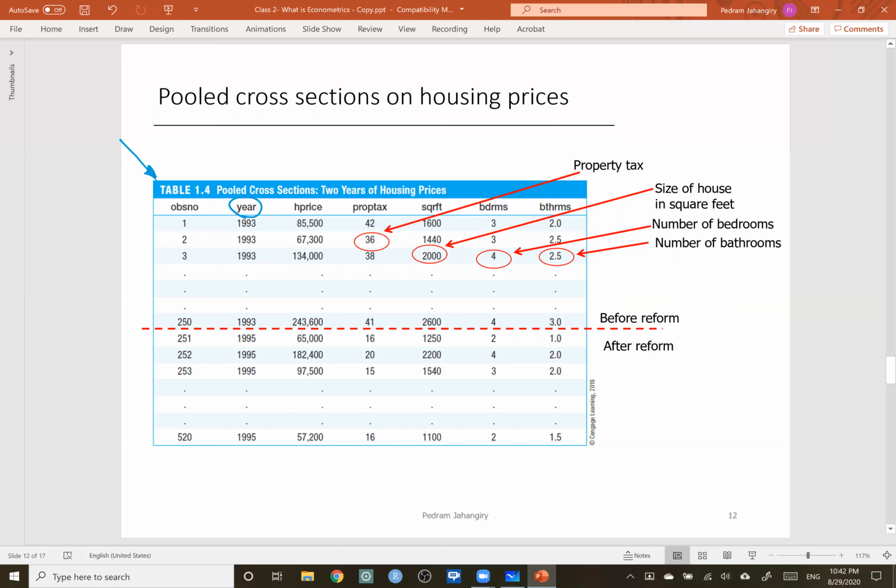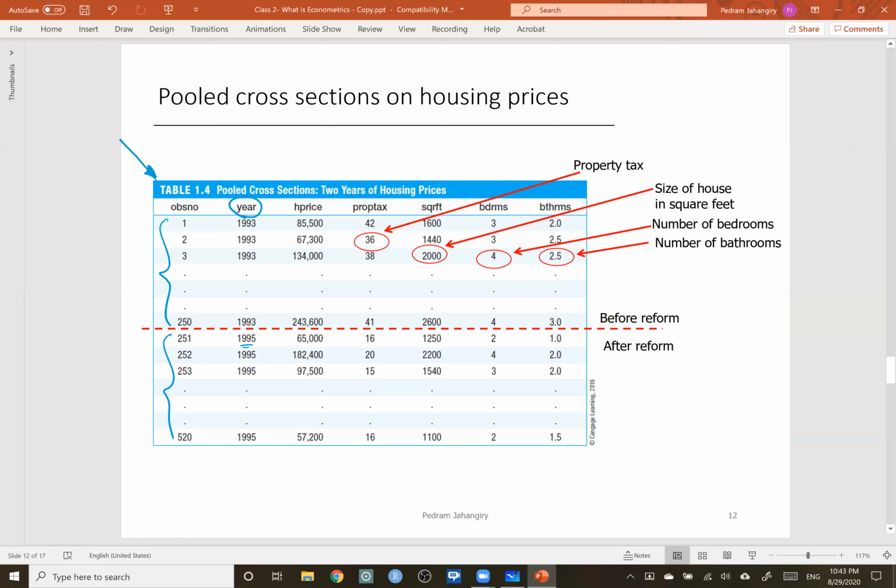Also look at that: you have observation number 1 to observation number 250, and we have 1993, 1993, and we have 1995, right? Okay, so here is a tricky one. You might want to say that this is panel because I am following multiple individuals. So here it is houses, multiple houses over multiple years, 1993 and 1995.